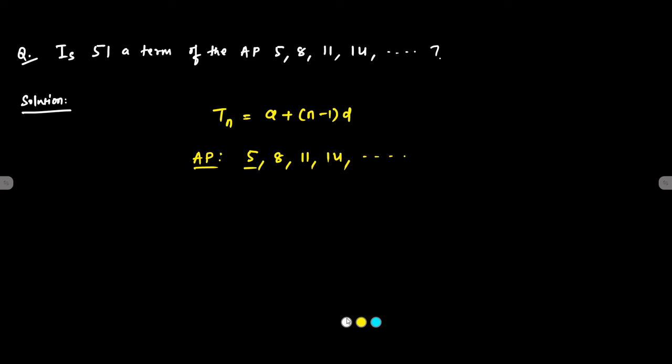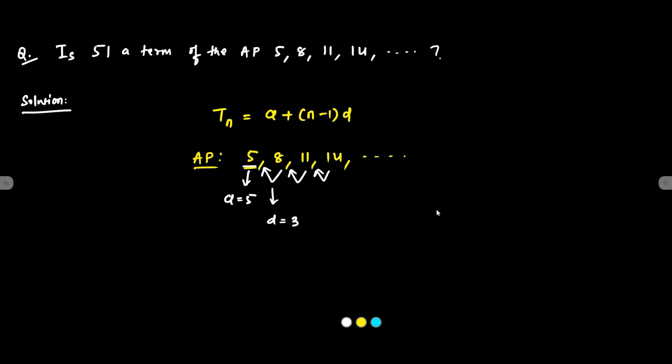This is the first term, A is equal to 5, and the successive terms have difference d equal to 3. That is the common difference.